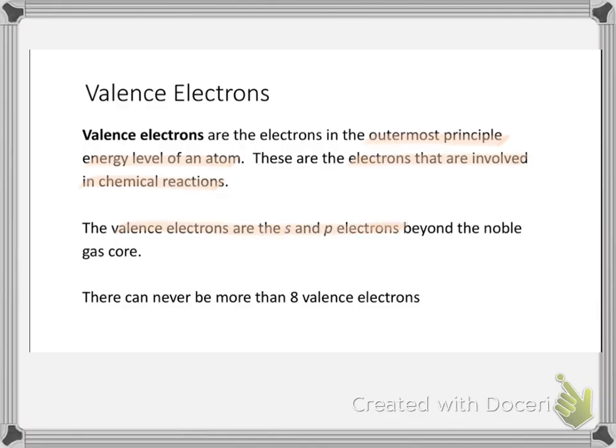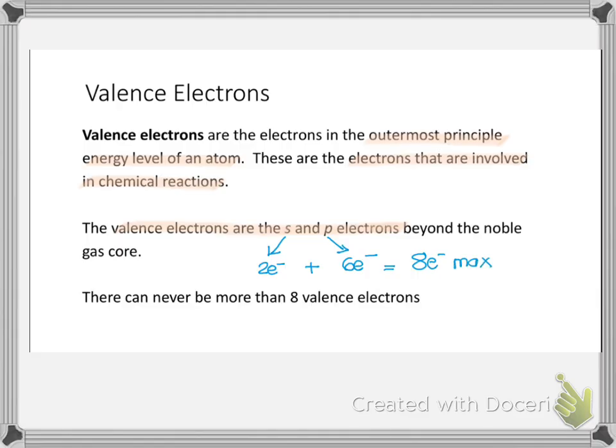But valence electrons are always from the S and P. And if you recall how we get 8, the S sublevel only has 1 orbital, and so that can only hold 2 electrons. The P sublevel has 3 orbitals, so it can hold up to 6. So the maximum number of valence electrons is 8.